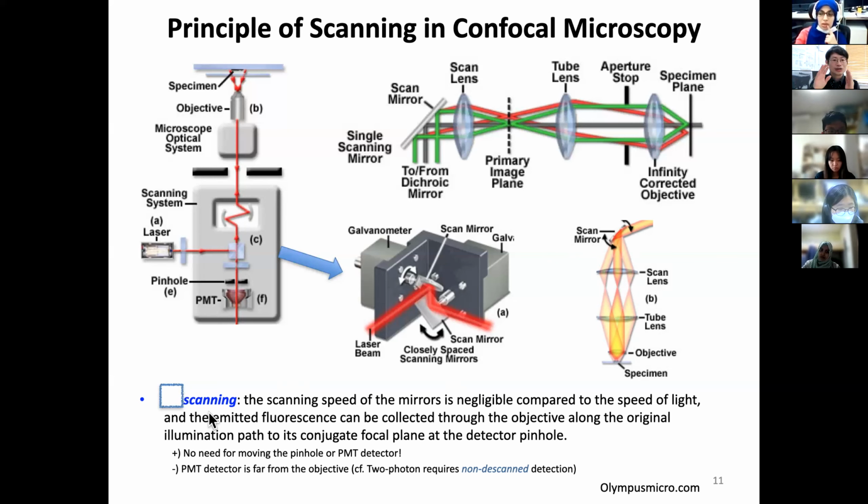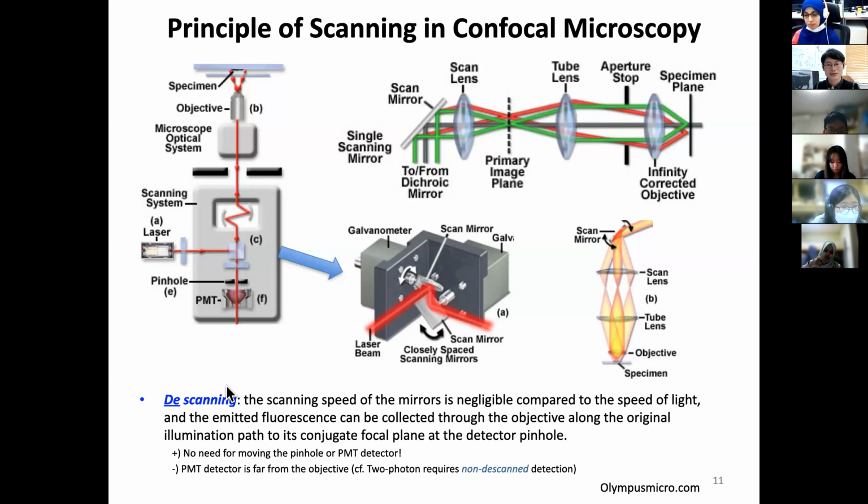In fact, you know, the problem of scanning is here because it changes the location of the point. Then should we change the pinhole accordingly? That was an issue. But if you look at this scan mirror change, if the detection is going back here, it's all the same. So this means you are removing the effect of scanning, so it's called descanning. Confocal is descanning, which means you don't have to move your pinhole location.